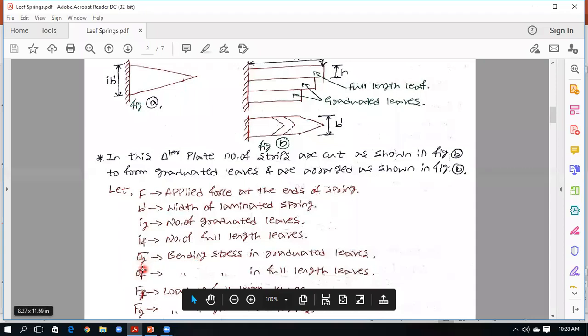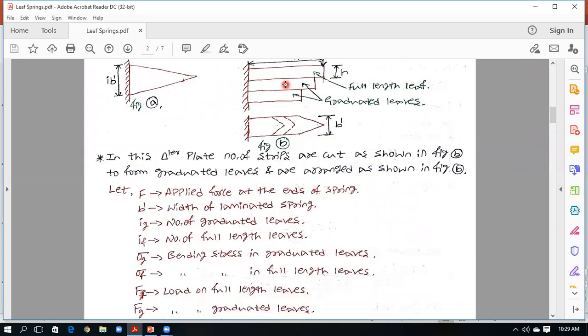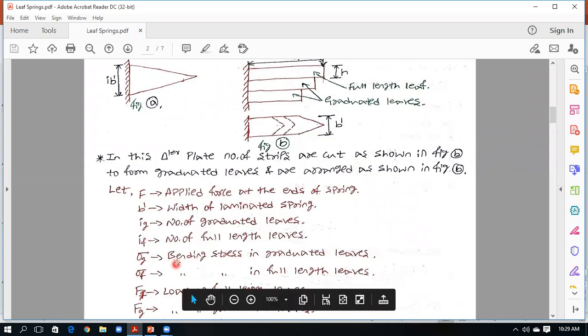If you write it as sigma g, it is the bending stress in graduated leaves. In these graduated leaves, the stresses you calculate are called bending stress in graduated leaves.